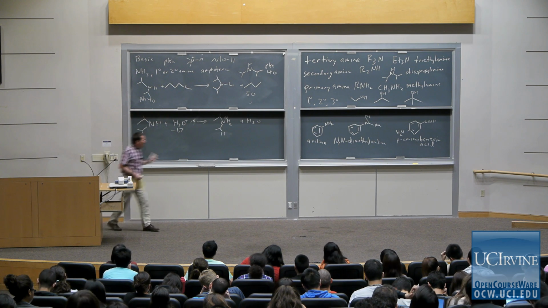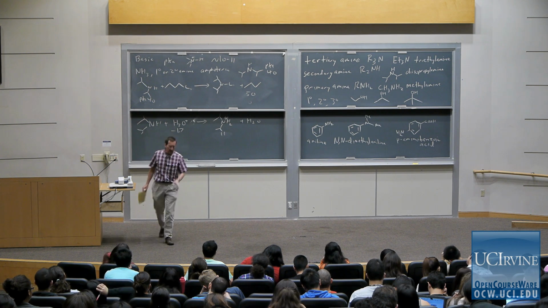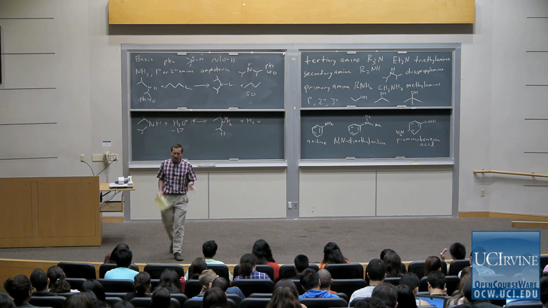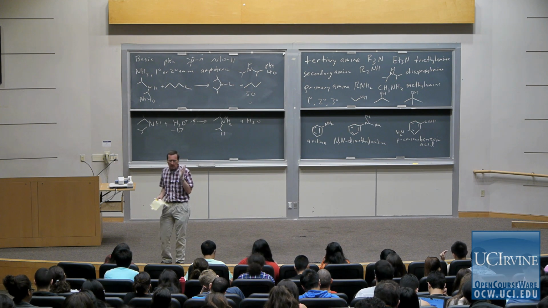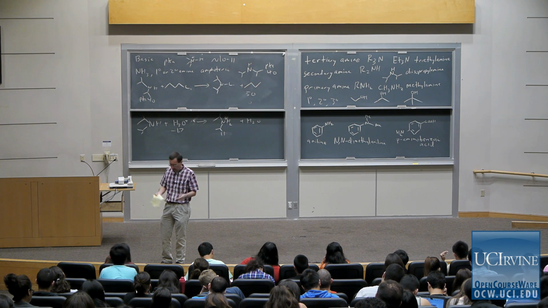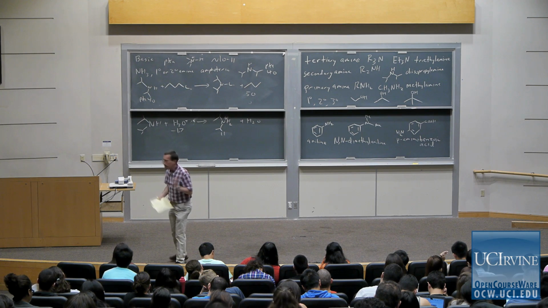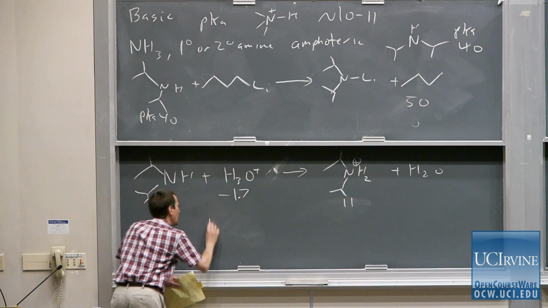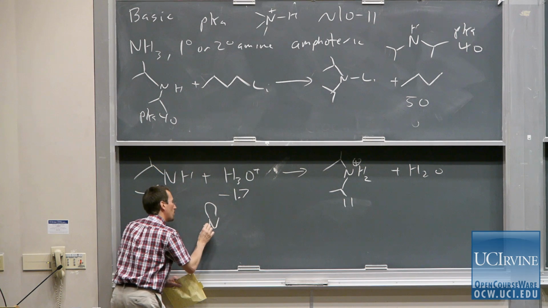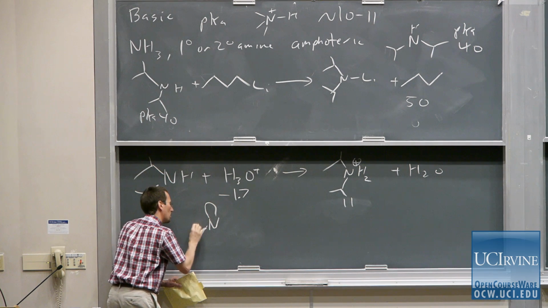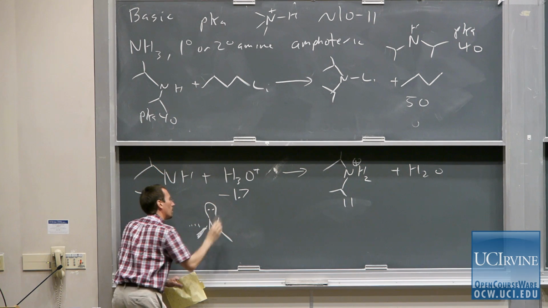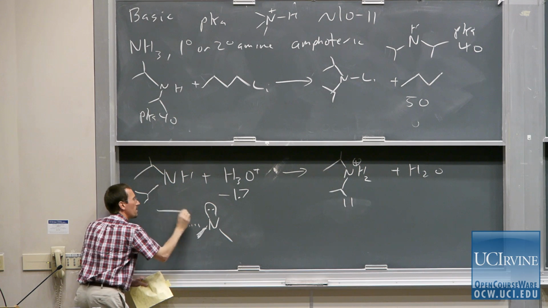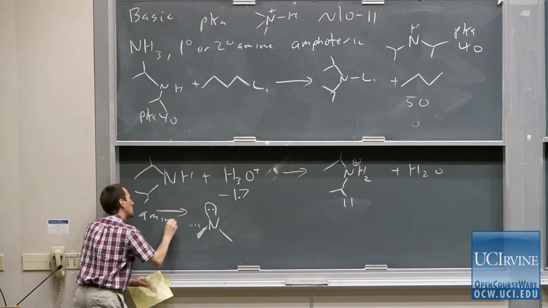Now, one thing that's important to keep in mind in avoiding confusion is there's a huge difference between amines and amides. In amines, you have a nitrogen that's pyramidal. So this is an amine. It has a lone pair.